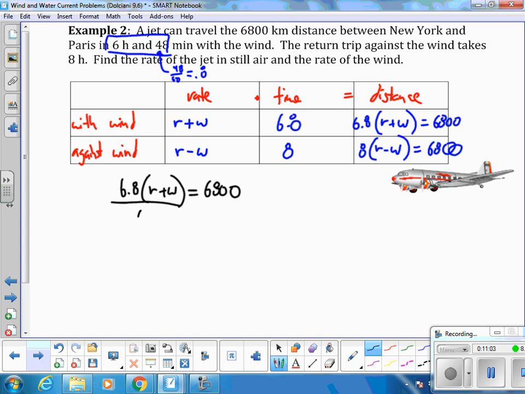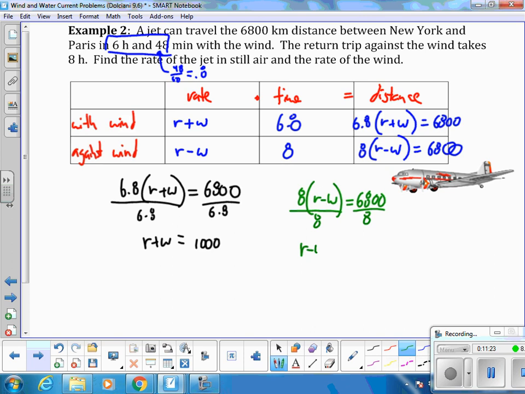I'm going to divide everything by 6.8, and I'm going to end up with r plus w equals 1,000. I'm going to work on the second one, which is 8 times r minus w. Let me divide by 8, and I get r minus w equals 85.